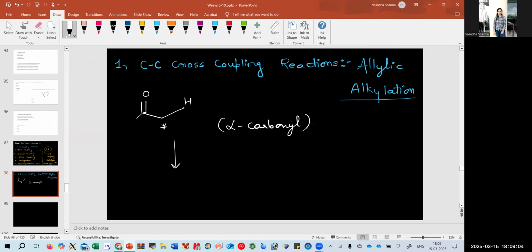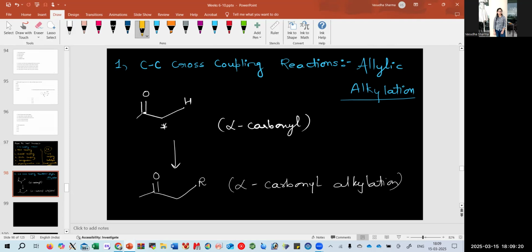When I am converting it to R, this becomes an alpha carbonyl alkylation, because this is your carbonyl group, adjacent to it is your alpha position, and here you are introducing your alkyl group.